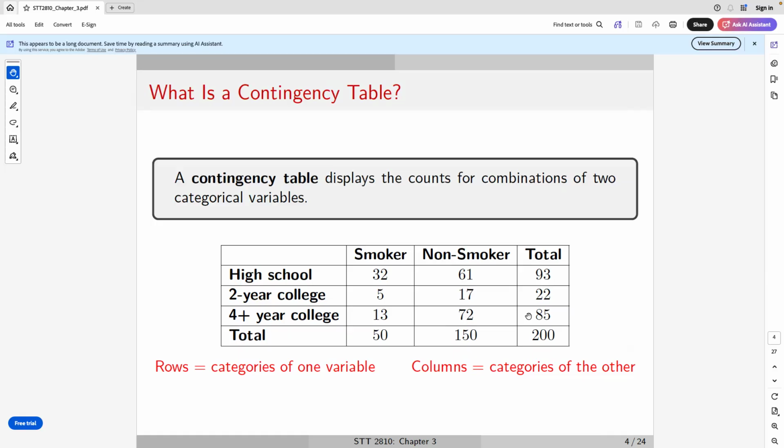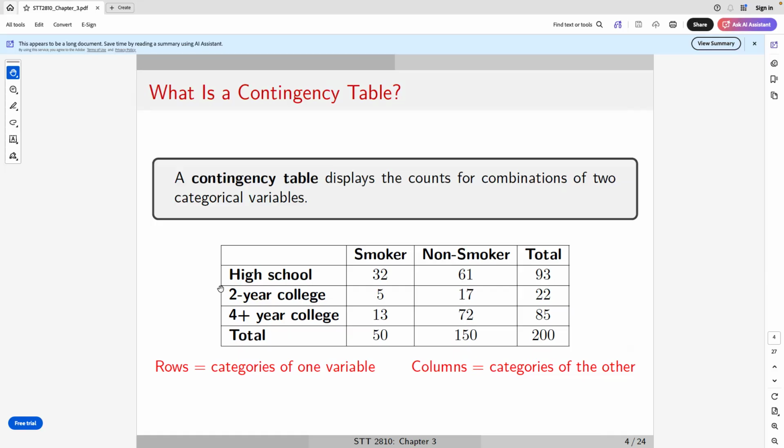So you can see from here, the column shows smoker and non-smoker. So that is for the smoking status, like he said. That is for the column. And then the other variable here is the level of education. So those are the two categorical variables.